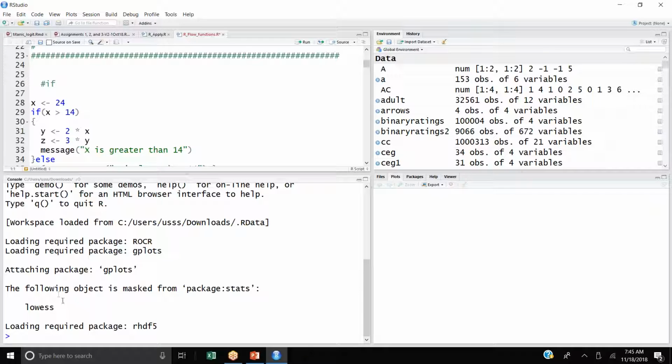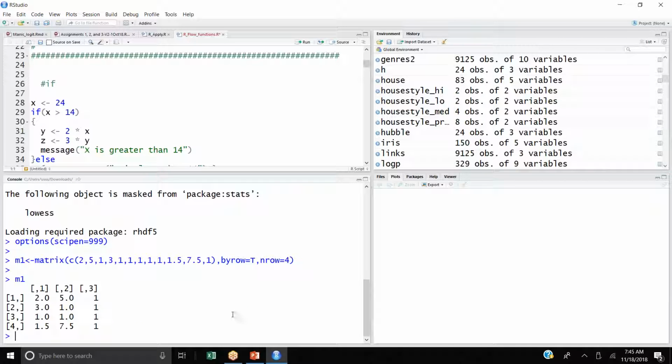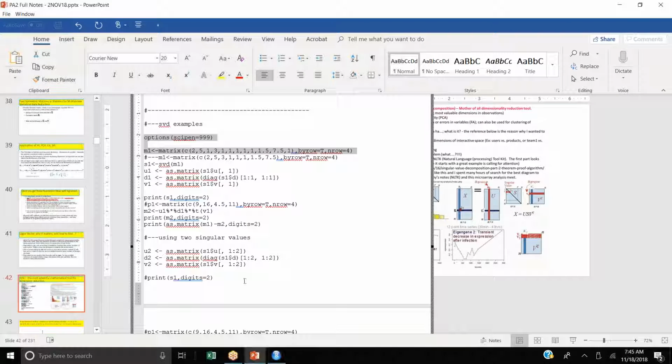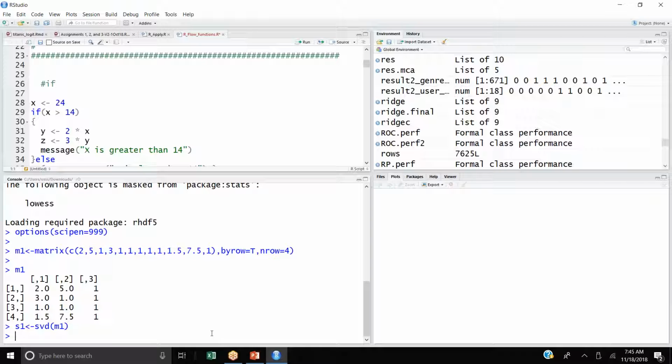Okay. All right. I'm just going to copy and paste here. So M1 is defined as this matrix. Are you with me? Yes, sir. Okay. Let's keep doing. There's a very simple command called SVD. So I want to do the SVD, singular value decomposition, of the M1 matrix.